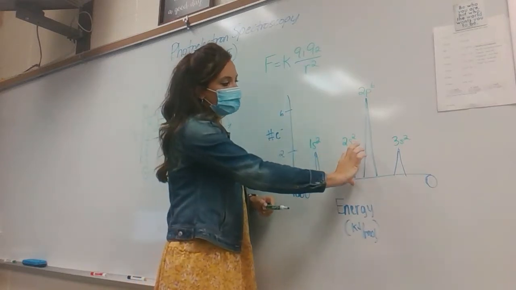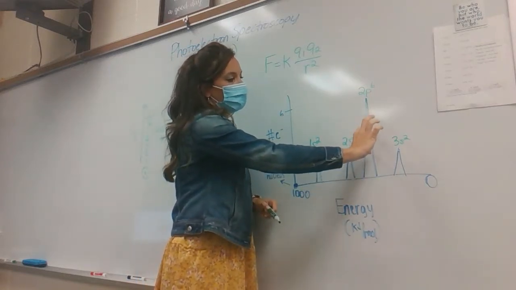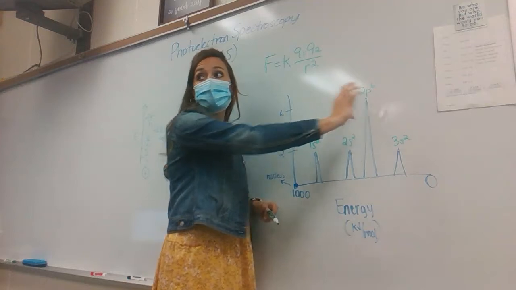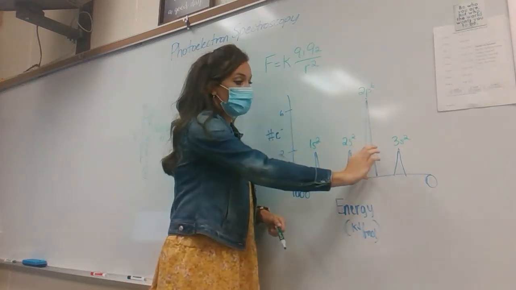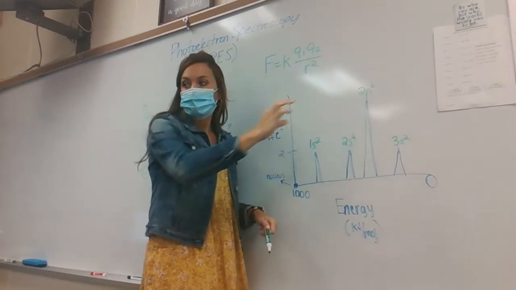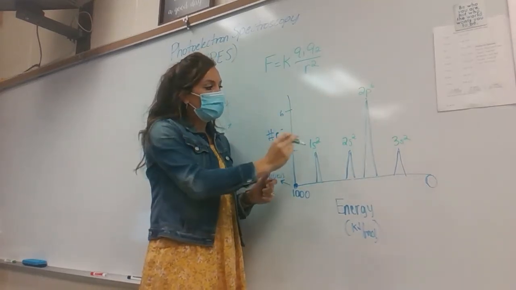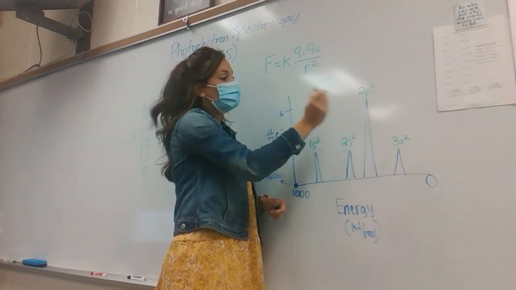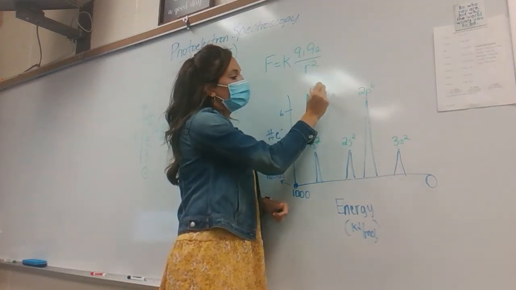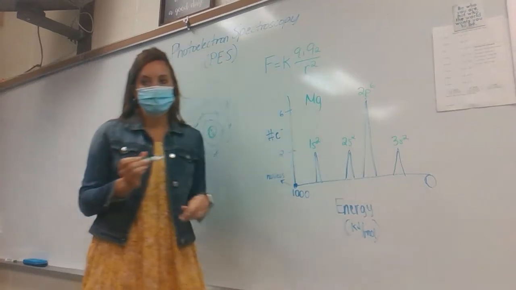You see that the height is relative, 2, 4, 6. If you're ever asked to draw one on a test, do your best to show that relative height. And then we have 1s2, 2s2, 2p6, 3s2. So this has to be the PES diagram for magnesium.